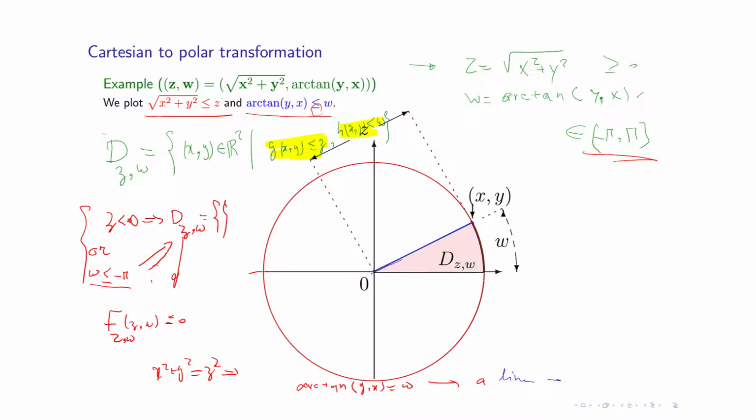So I draw a line with this angle of w, and all the points on this blue line satisfy the equality. But if I say that the angle should be smaller than or equal to w, that means the points below this line and above this line. So the second set is this blue area, this line and anything here.